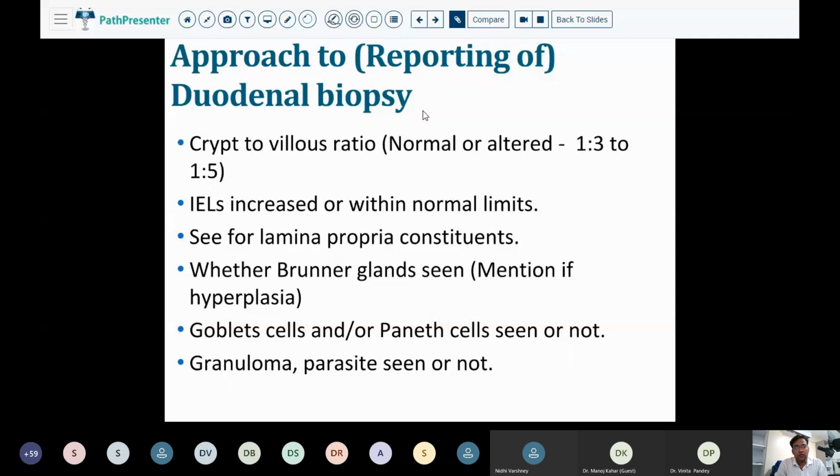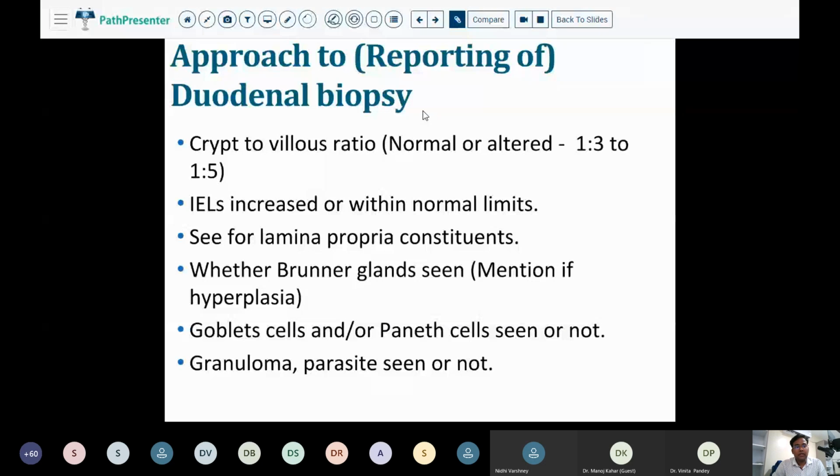Then you should also look at the tip of villi. The purpose is to see whether there is any metaplasia, because as a response to any insult, the first response will be metaplasia. So you can get foveolar metaplasia. Tip of villi are also important to look for whether there is an increase in intraepithelial lymphocytes.